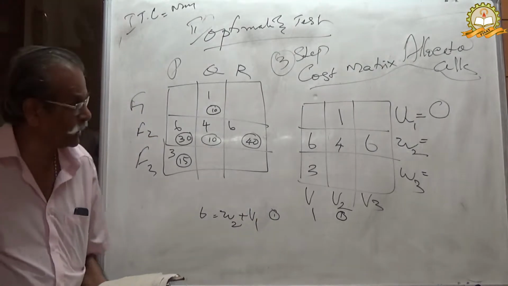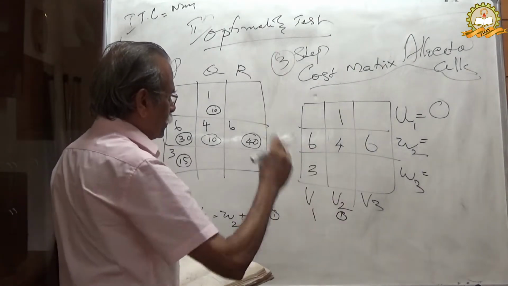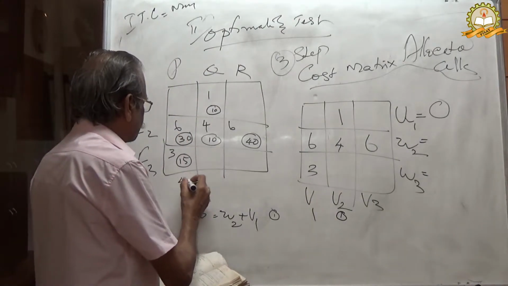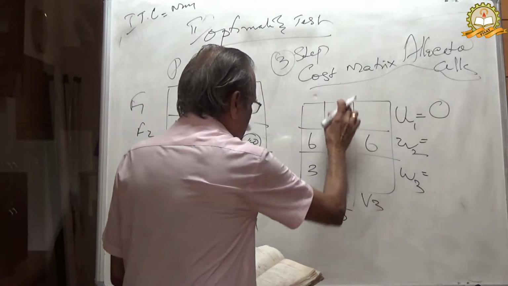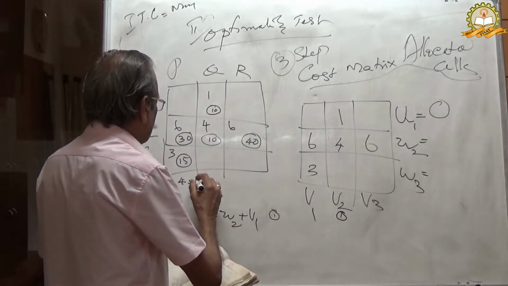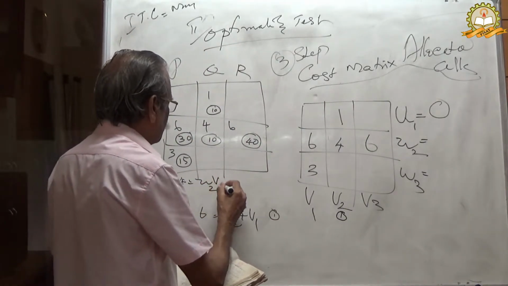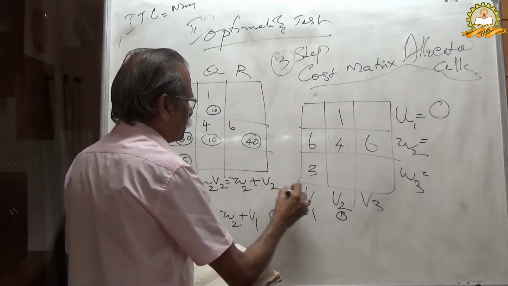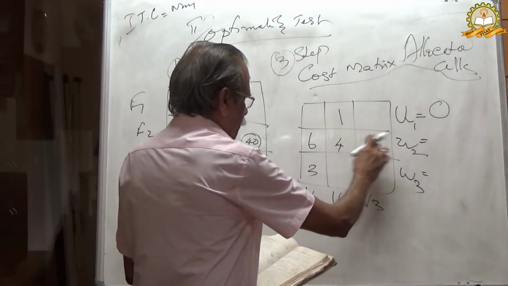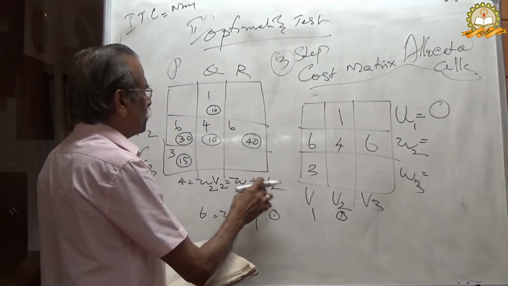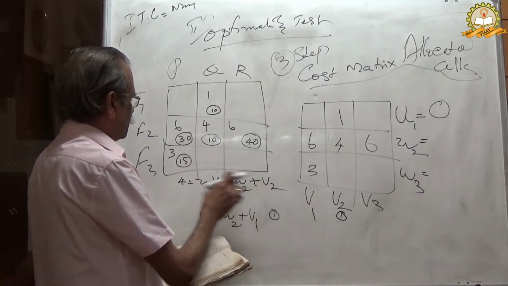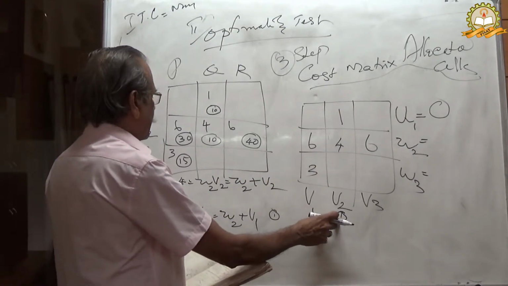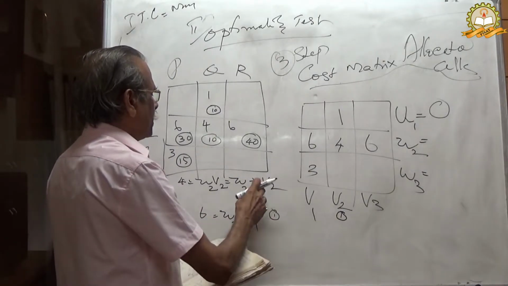Then similarly, 4 equal to second row, second column. You have u2 v2, that is u2 plus v2. 4 equal to u2 plus v2, whereas v2 equal to 1.